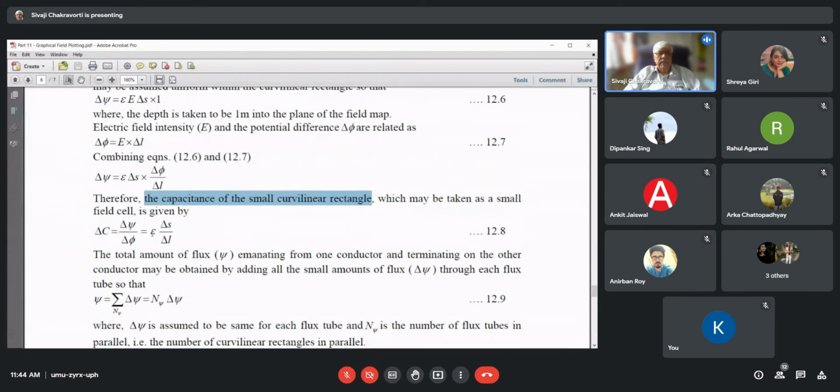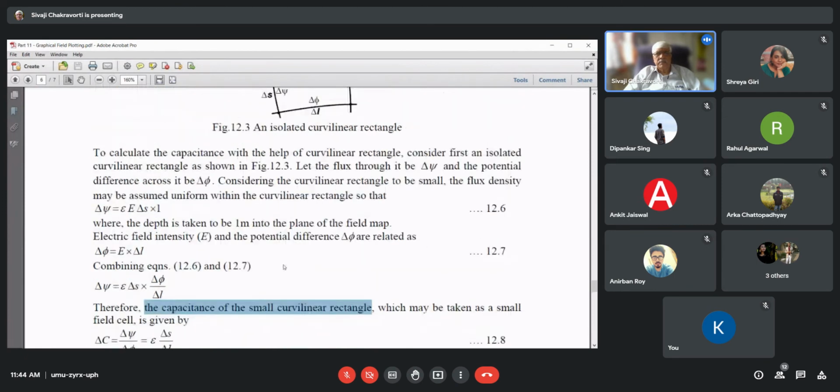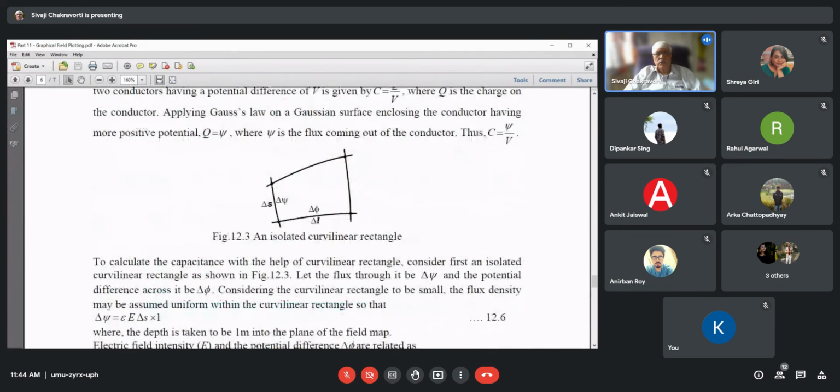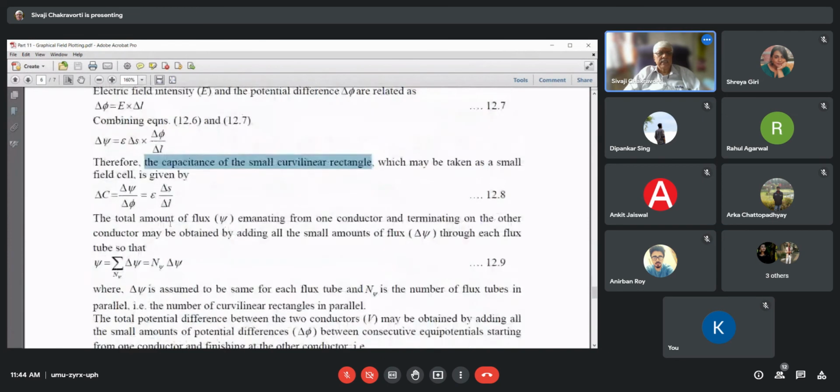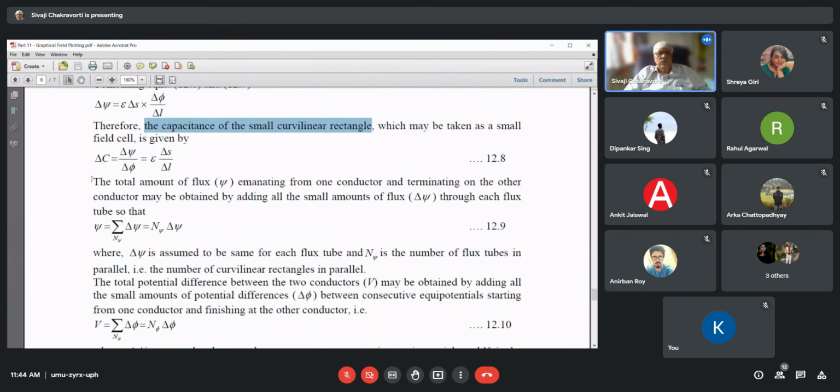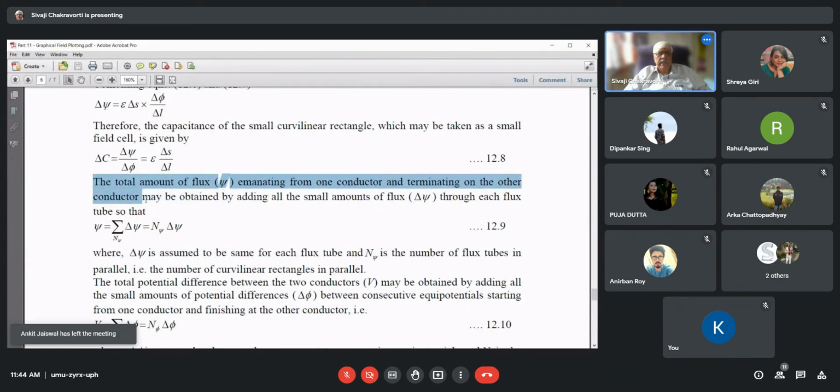It is given by permittivity epsilon into del S by del L. That means just from these two ratios of the lengths, I can get a clear idea about the incremental capacitance of one small curvilinear rectangle, and the total amount of flux emanating from one conductor and terminating on another conductor.